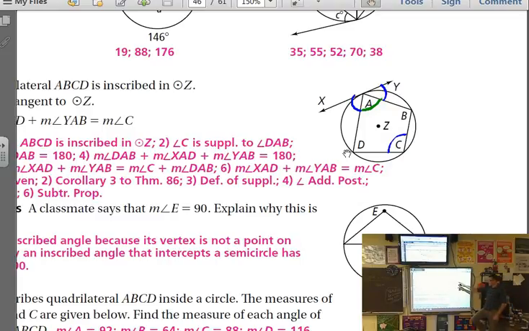So if A and C are supplementary, and let's call these angles X and Y, they also have to be supplementary because they're a linear triple. So really just reasoning through the quadrilateral rule and then my linear pairs rule can really get me there. We can go the long way and talk about the reasons of the arcs and everything else, but that's really just how we get there.